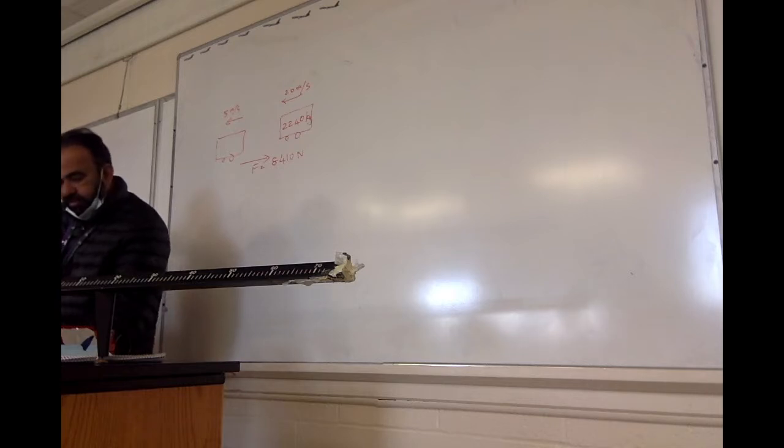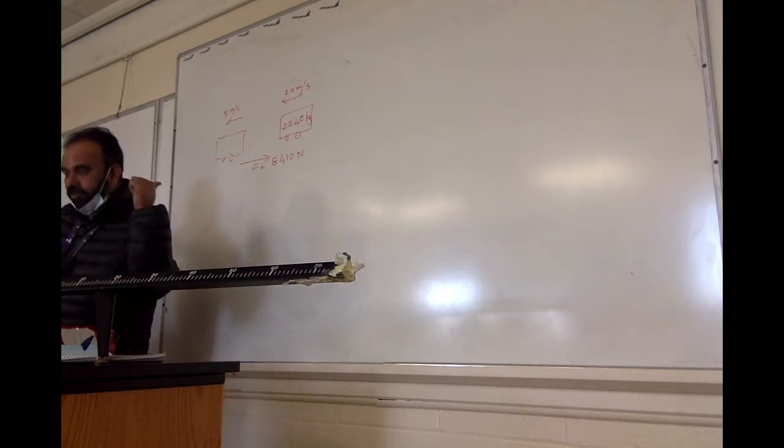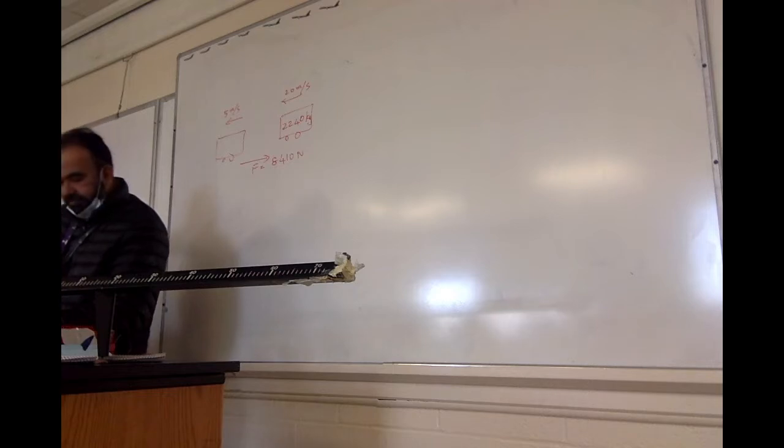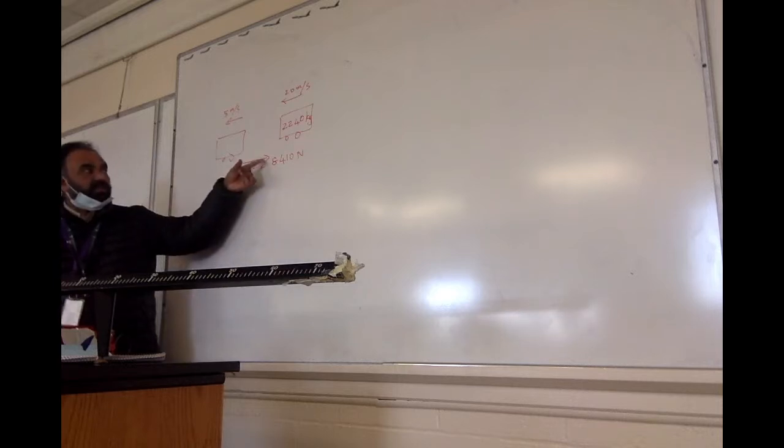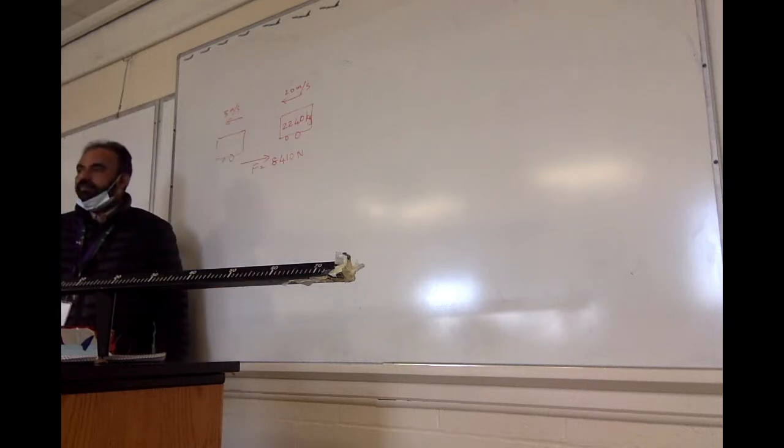A 2,240 kilogram car traveling to the west slows down uniformly from 20.0 meters per second to 5.00 meters per second. How long does it take the car to decelerate if the force on the car is 8,410 newtons to the east? So I've shown the east this way, west that way, right?